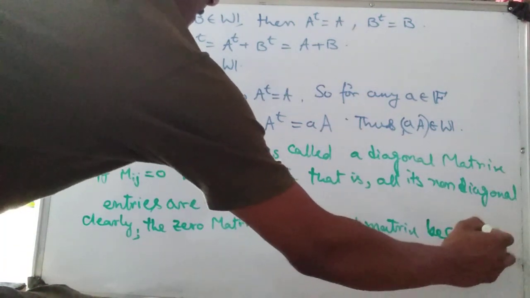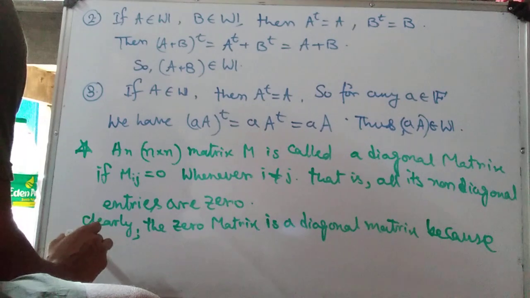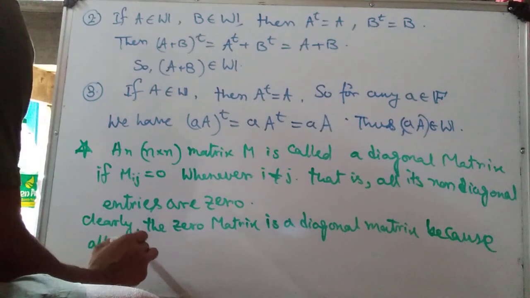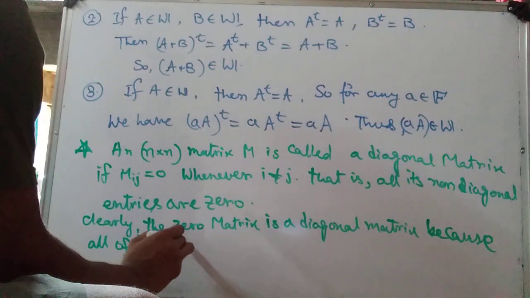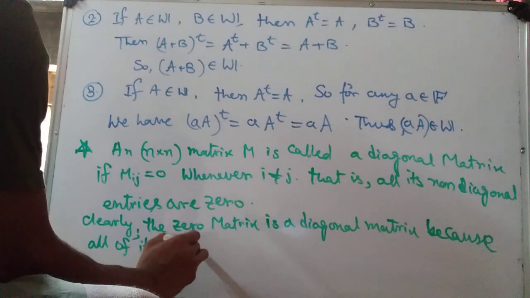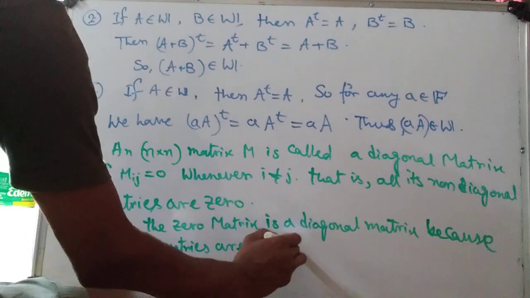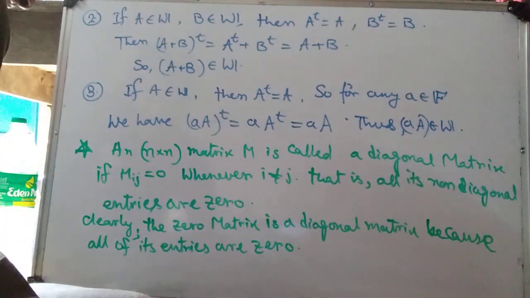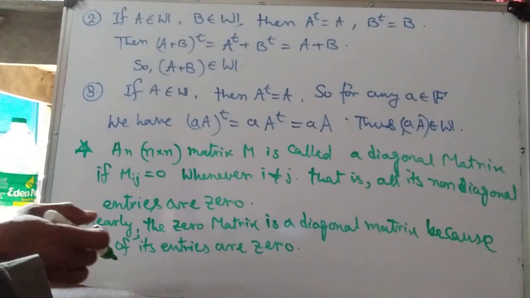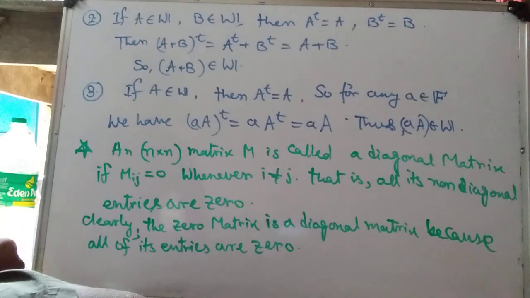So the 0 matrix obviously belongs to this set of all diagonal matrices, not a problem at all. So the first condition is satisfied.